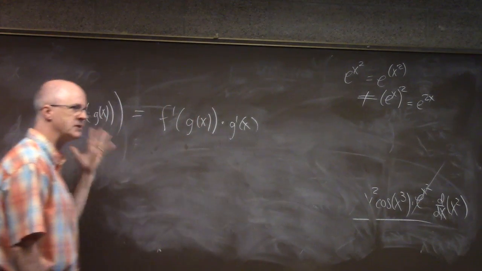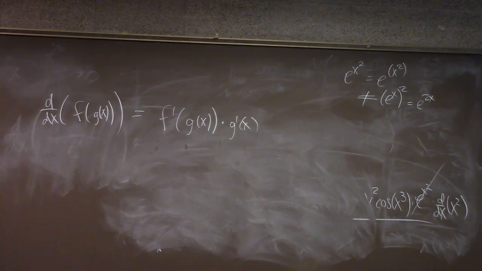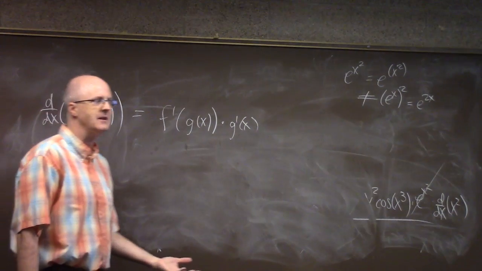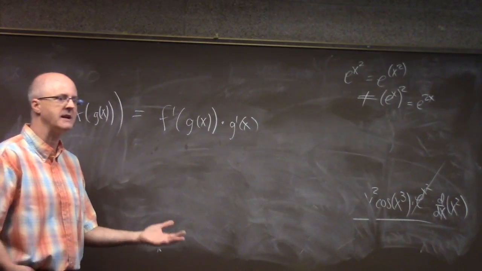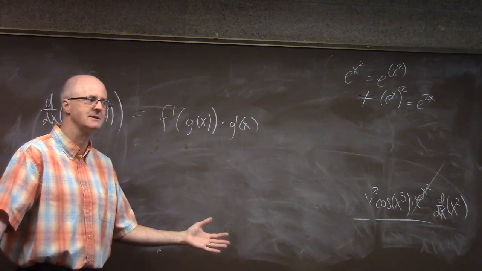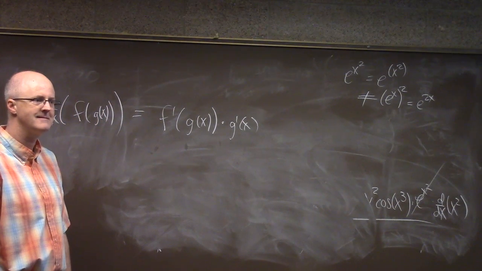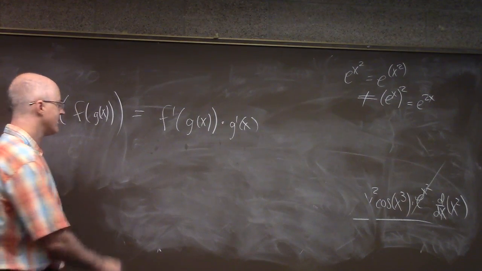The abstract form of the chain rule, you should be able to use that. You should be able to write it down as an abstract formula. If I give you tables of values of f and g and f prime and g prime, you should be able to plug in numbers even if you don't have formulas to find a derivative of something like this. You know what I'm talking about?